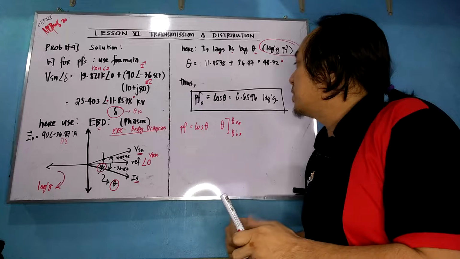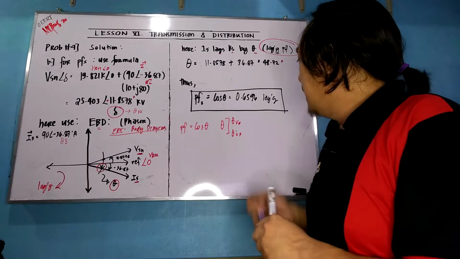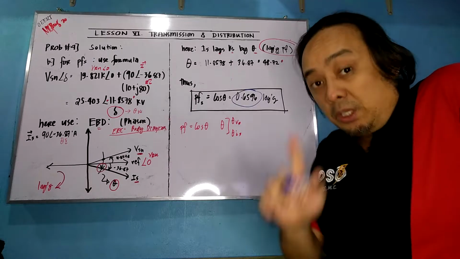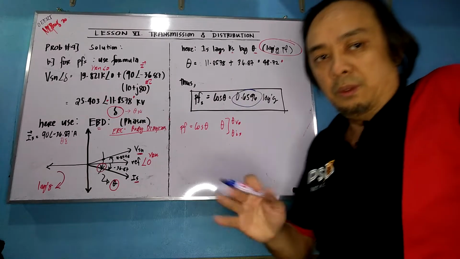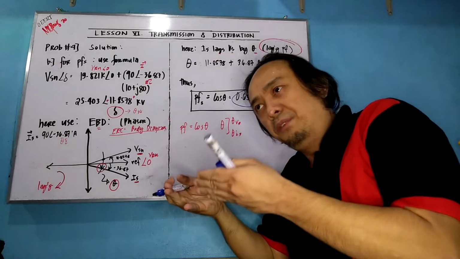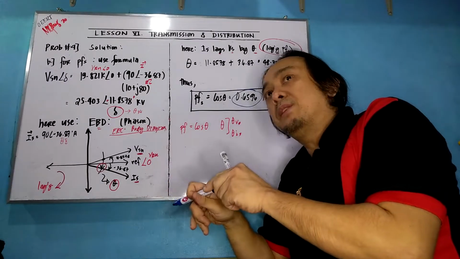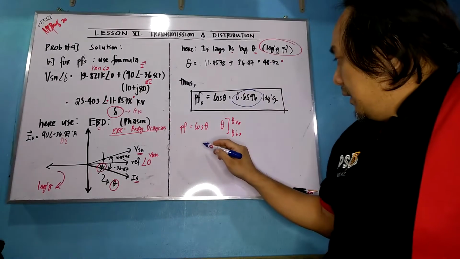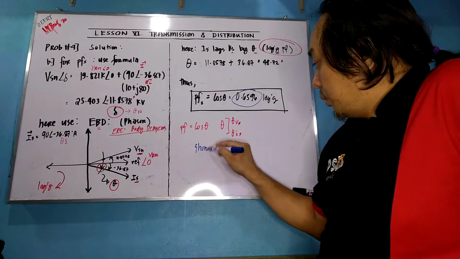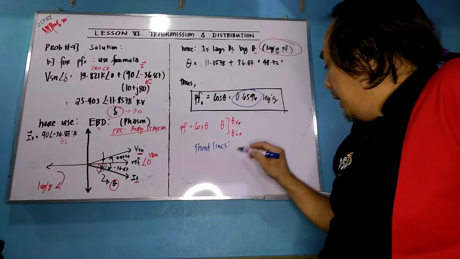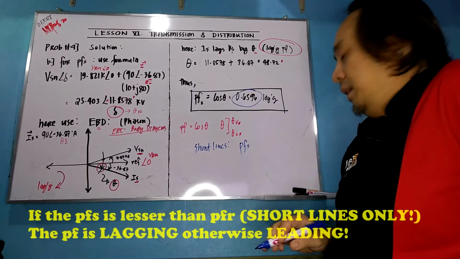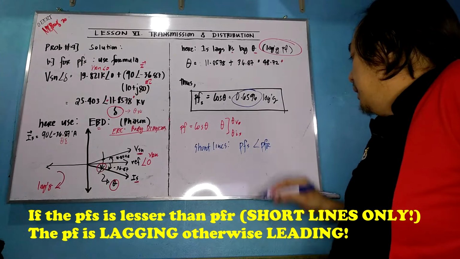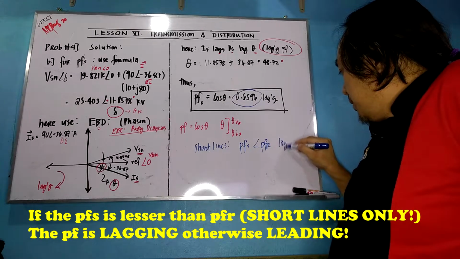And thus having the power factor as cosine of the angle theta, we have 0.6596 lagging. Now there is another way, if you're listening from our past lesson, in terms of power factor angle condition. This is for short lines only. If the power factor of the sending end is less than the power factor at the receiving end, therefore we could consider this one as lagging.